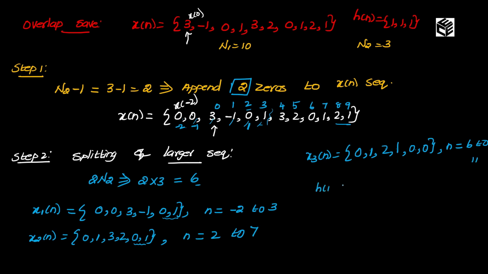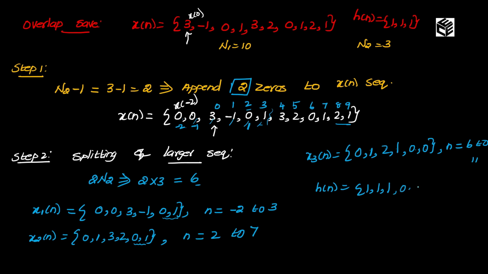Now my h of n sequence is equal to 1, 1, 1. Since we are going to perform circular convolution for the overlap save method, it is a must that the length of the two sequences be equal. Since the length of the x of n sections is 6, we need to make the h of n sequence length equal to 6.